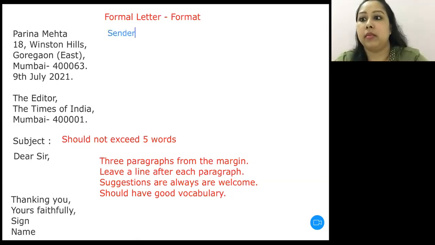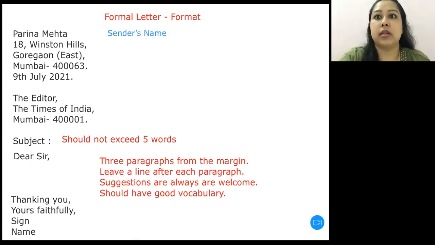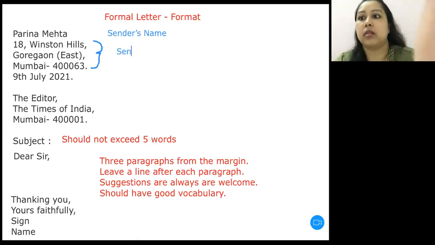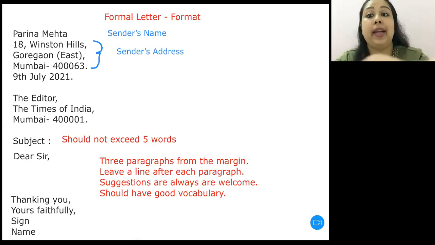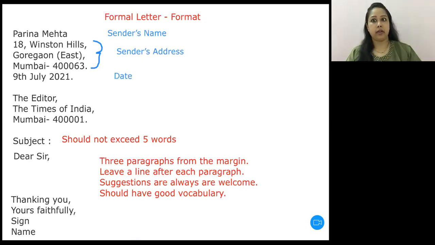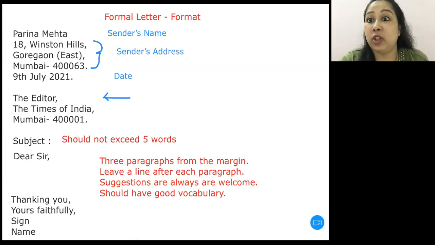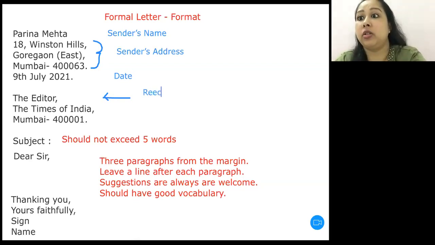Sender's name. This is the sender's address. 3 lines, sender's address. You have the date. Immediately after the sender's address, you have the date. Then you have the receiver's address, but before putting the receiver's address, you put down the receiver's designation. So this is the receiver's designation.